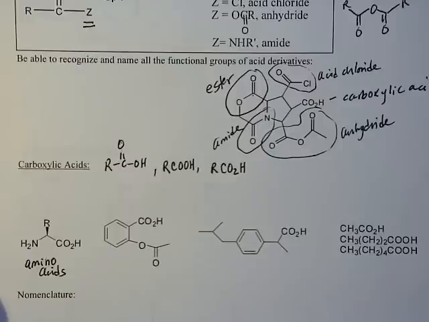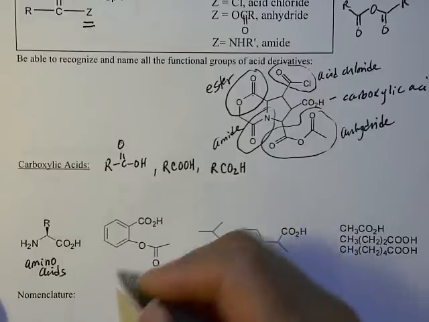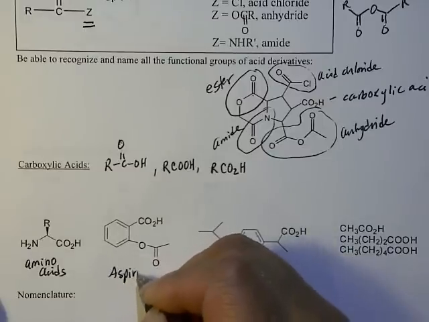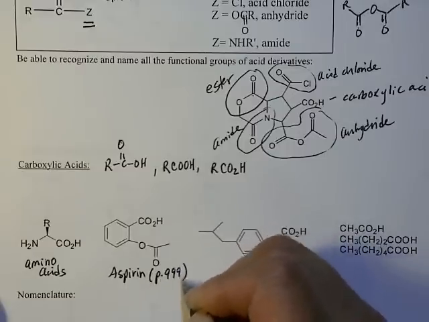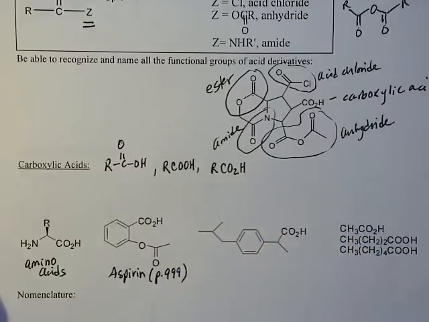The next structure next to amino acid is the structure of aspirin. You should take a look in your book, page 999, because it goes over how aspirin works in your body when you take it to get rid of pain.